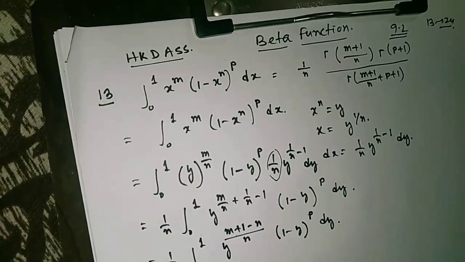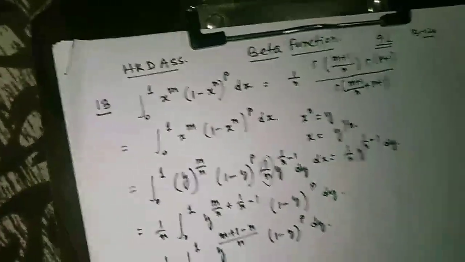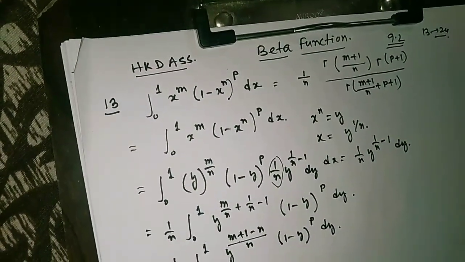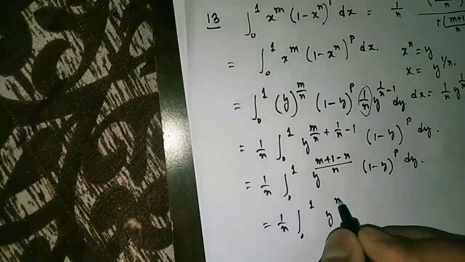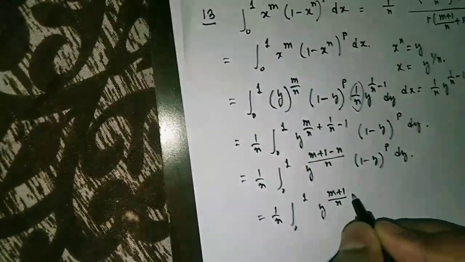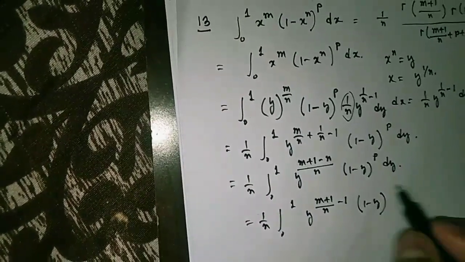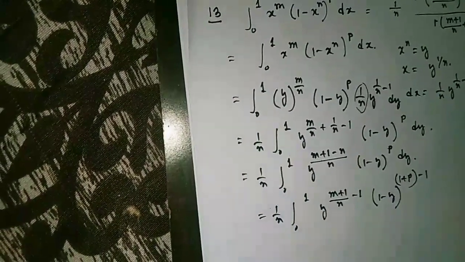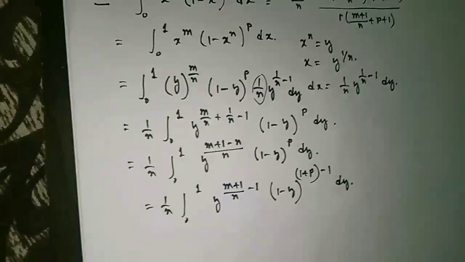Okay, now I can write it m plus 1 by n minus 1. So 1 by n, 0 to 1, y to the power (m plus 1) by n minus 1, into (1 minus y) whole to the power, here I can write (1 plus p) minus 1, dy. Clear.